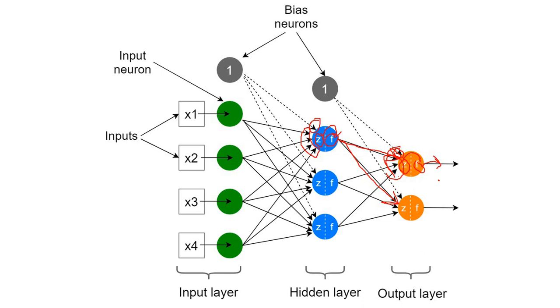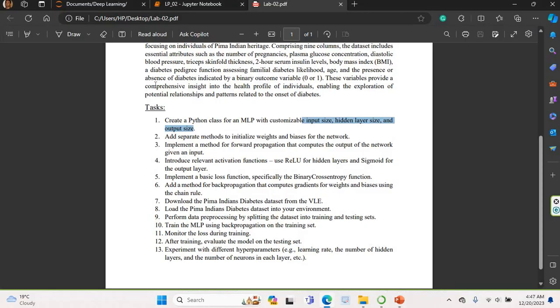So let's implement that forward propagation. Inputs are fed to the network, and the network sends the output from this side. Now let's implement that part.